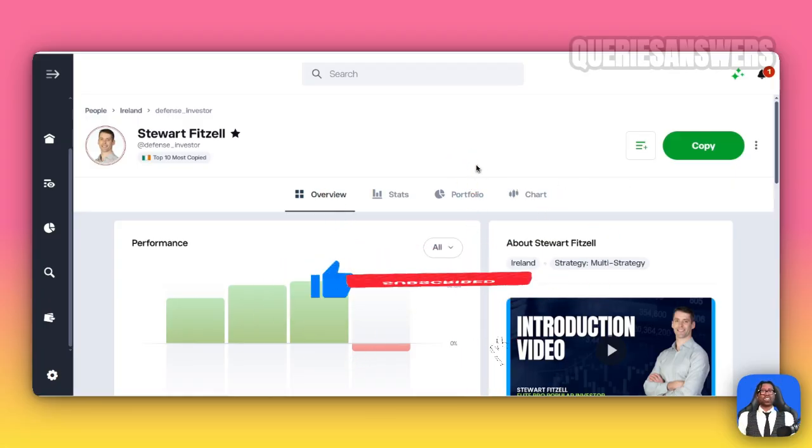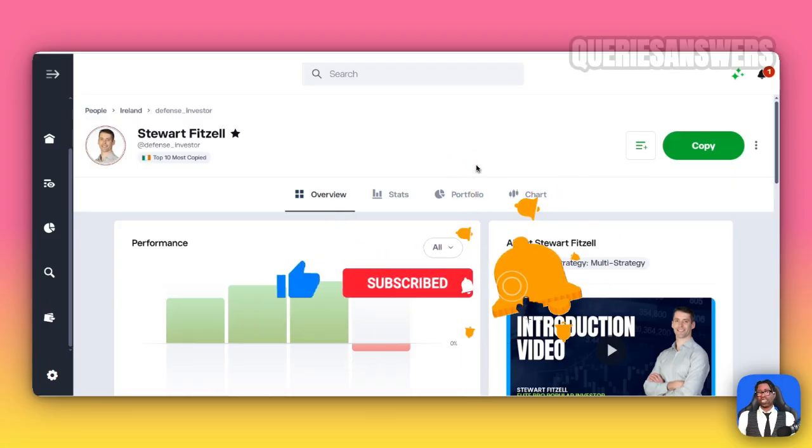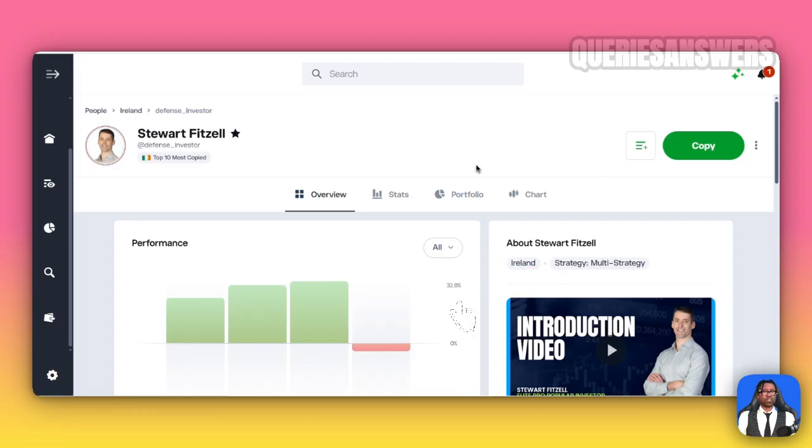So you would, for example, choose this person, and you love how they trade, you love their trades, and you also want to copy how they are trading. Your account will automatically, you don't need to lift a finger, copy whatever this person is doing, and you can still go into your account and change individual trades or even stop copying the person.